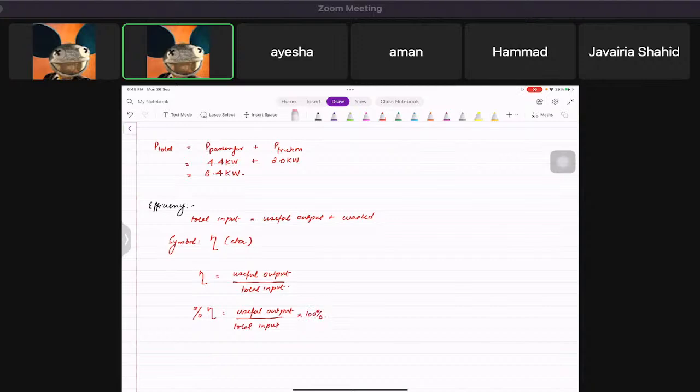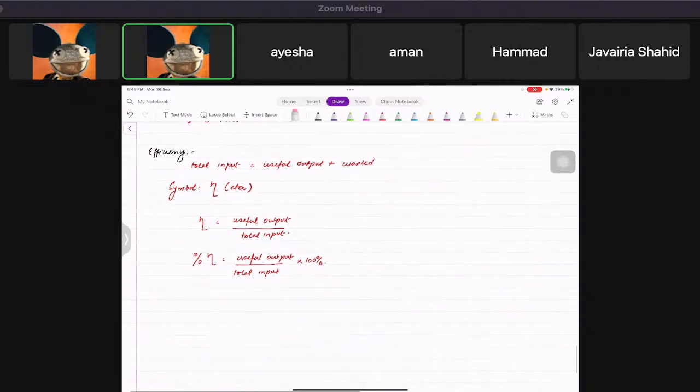Because it is the ratio of the same quantity, just remember this, ratio of same quantities do not have units, because units cancel out above and below. Is it clear, everybody?